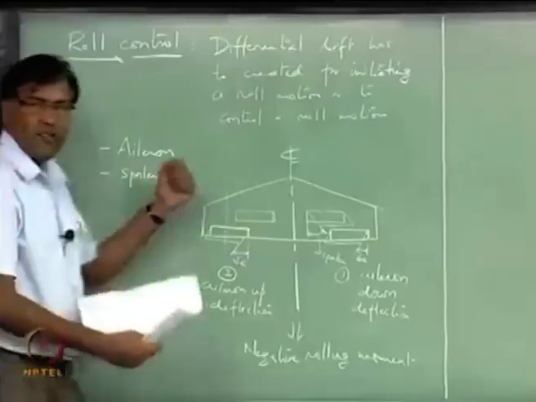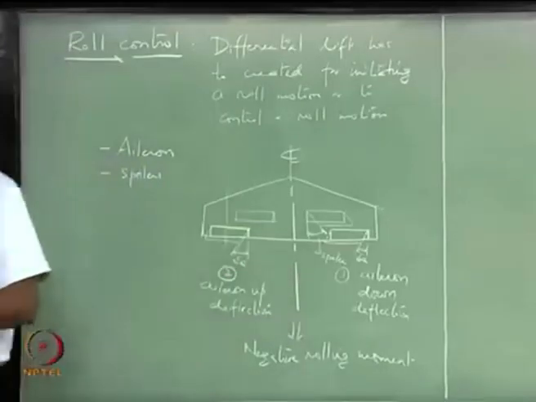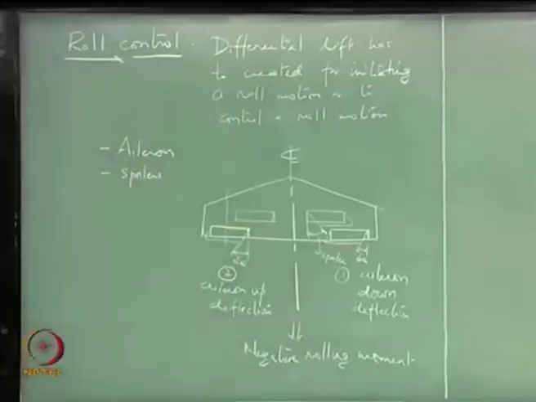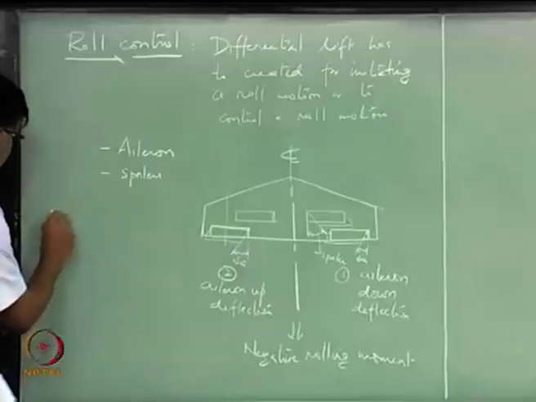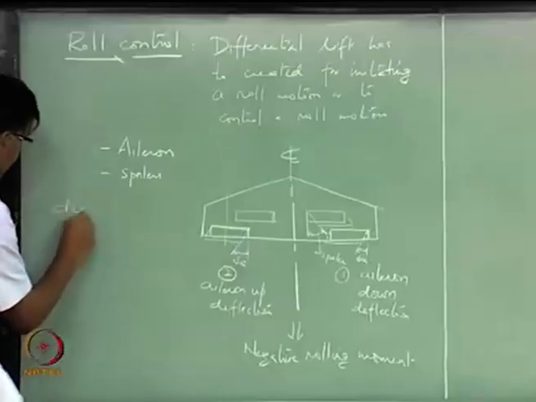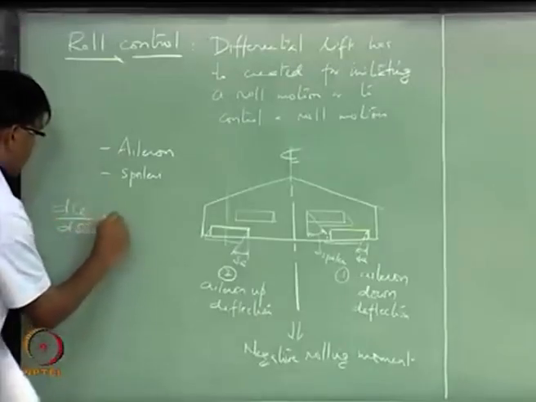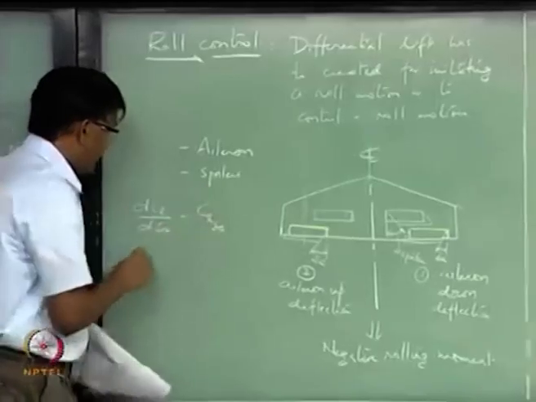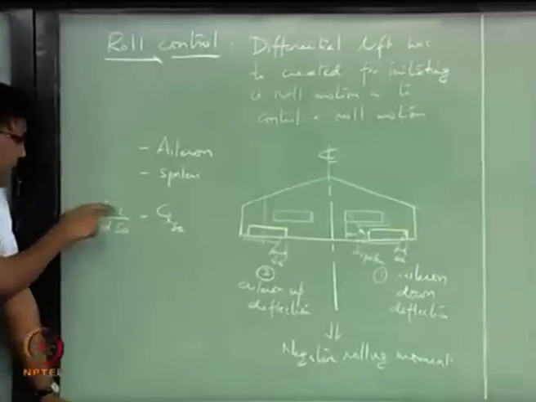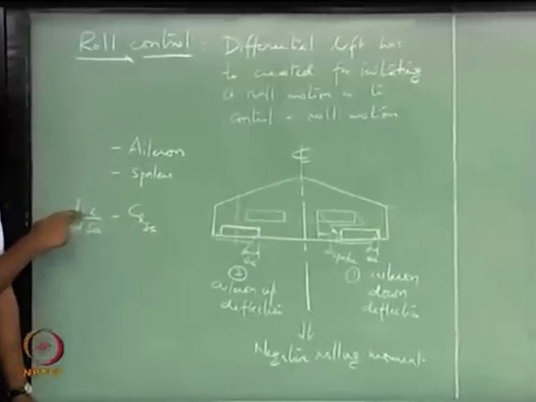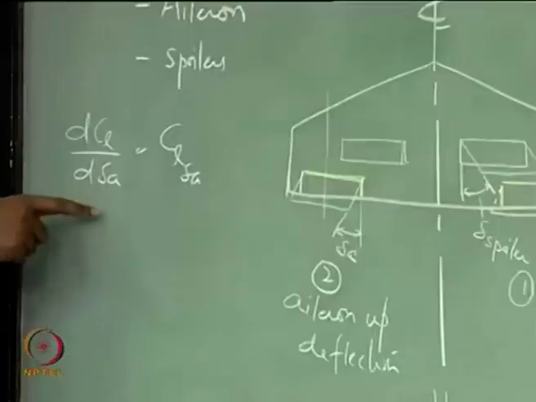So, there is a positive arrangement of aileron deflection which is giving me a negative rolling moment, and let us try to find out an expression for this derivative, or the change in rolling moment coefficient with respect to change in aileron deflection, right.